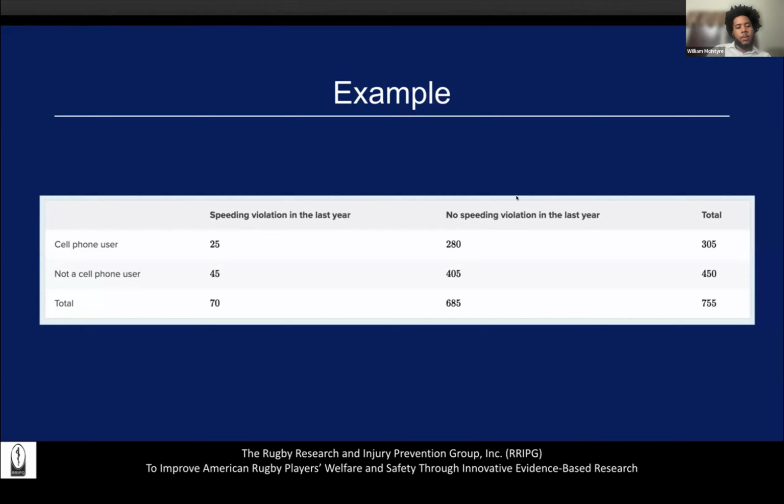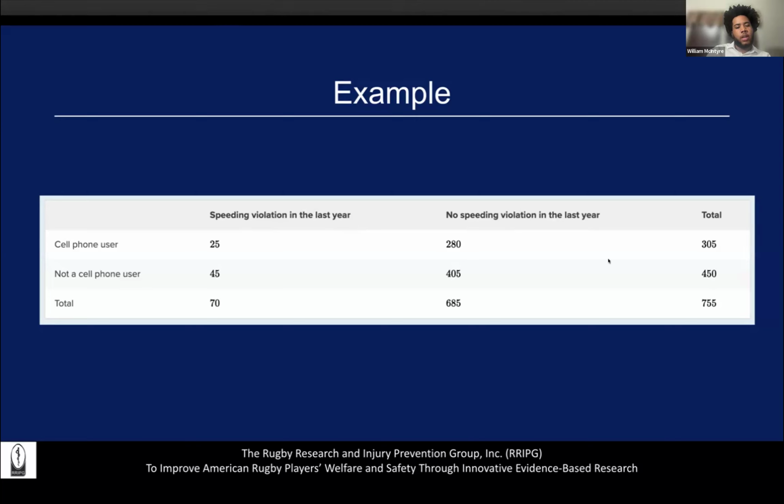The data in each row represents how many people fall in that category. So 25 people were cell phone users and violated speeding last year, whereas 280 people didn't violate speeding and were cell phone users. Once you add those totals up, you get 305.